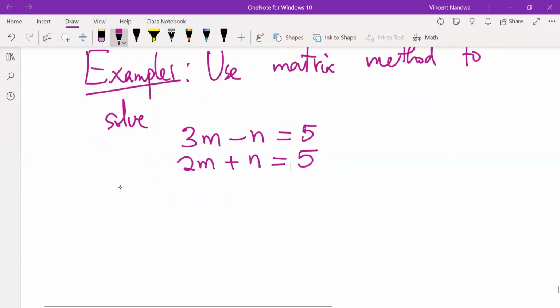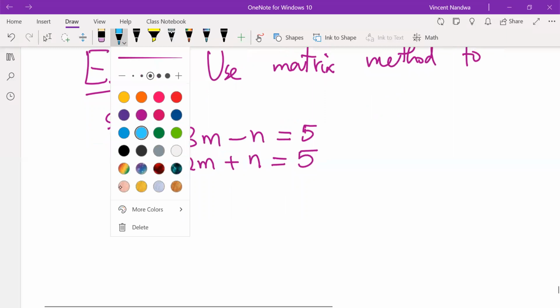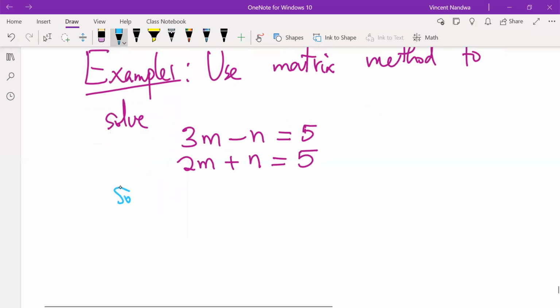So here you are lucky because the equations have already been arranged. So the first step is already done. So what you do now, form the matrix equation.